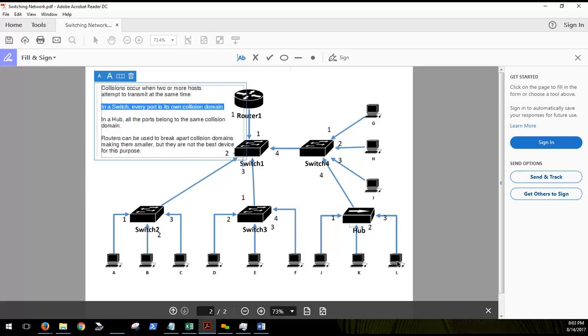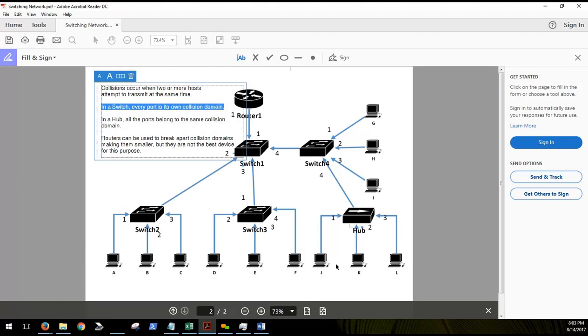The more PCs that belong to a collision domain, the higher the probability that a collision is going to happen.